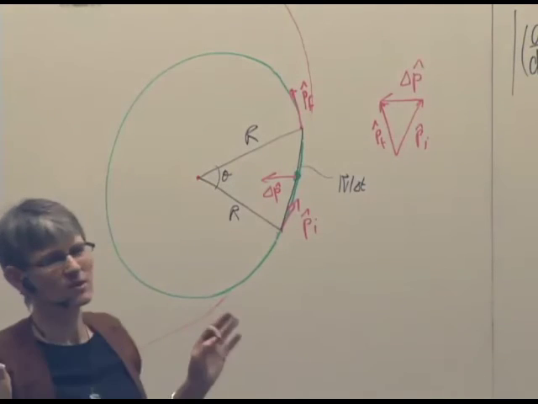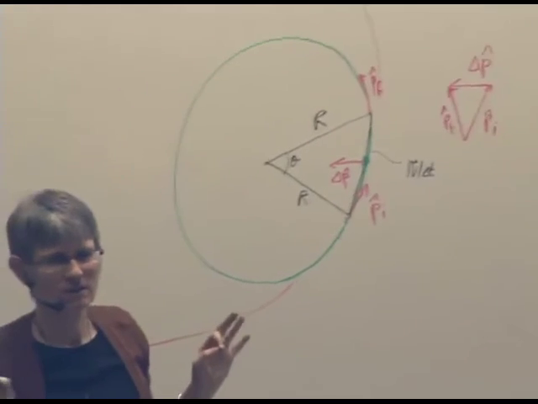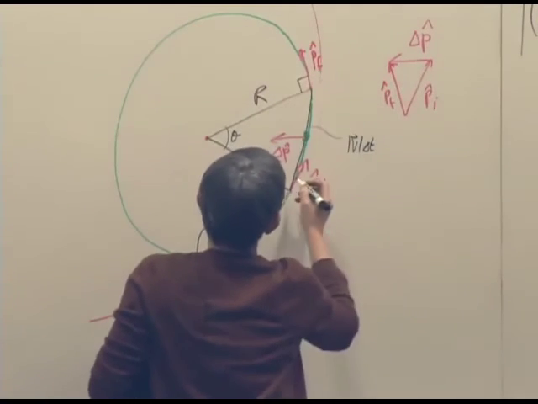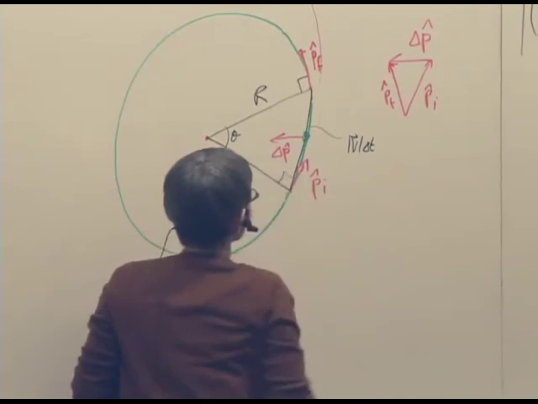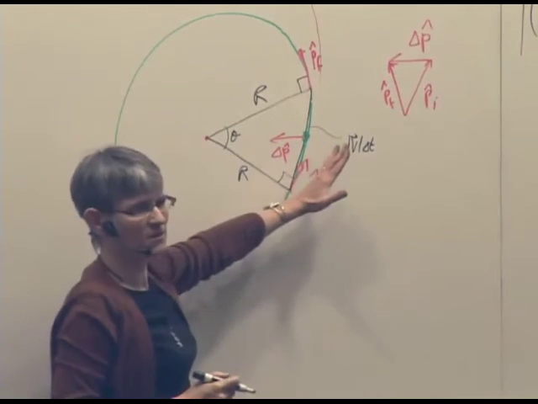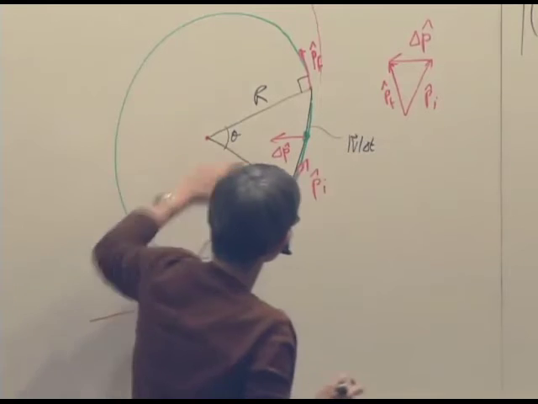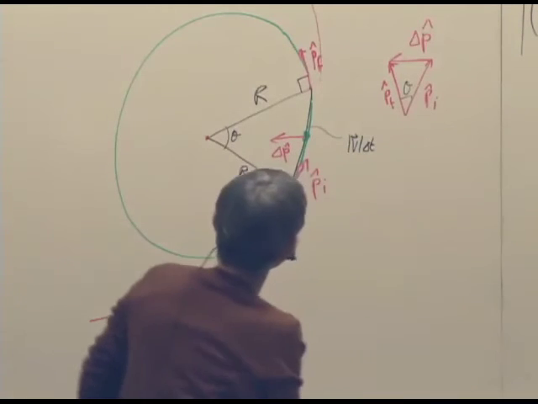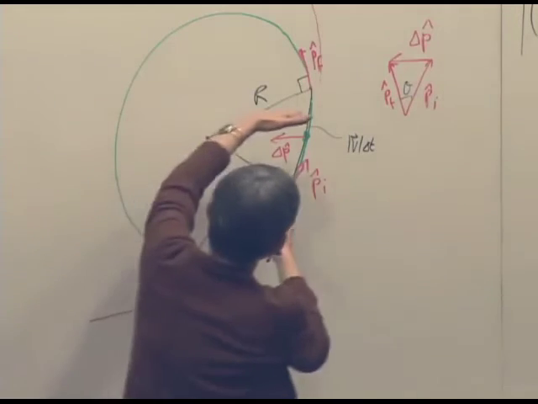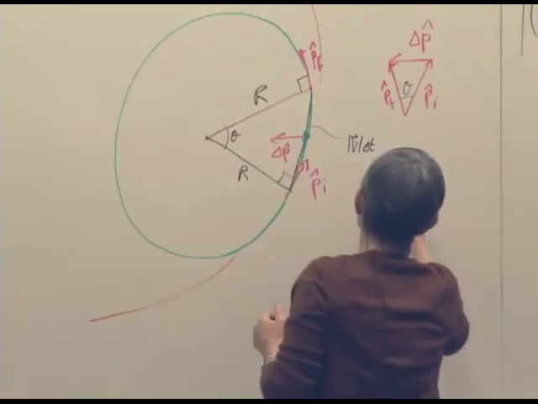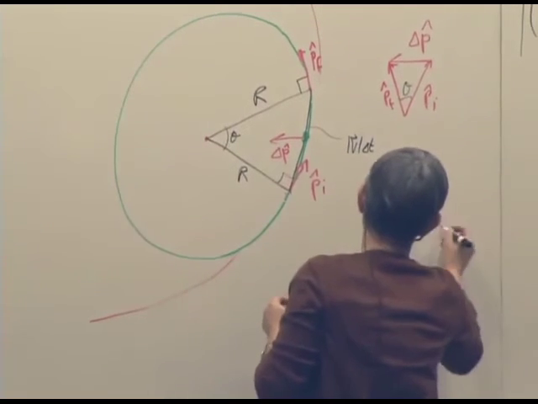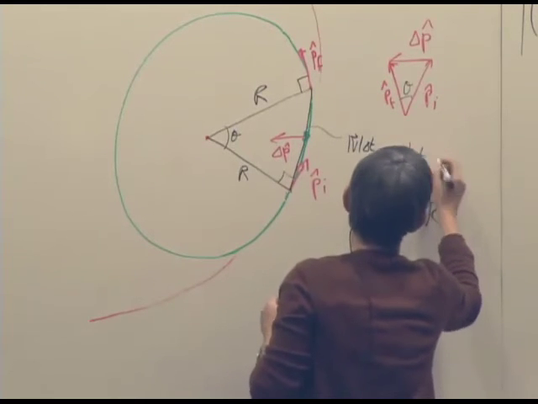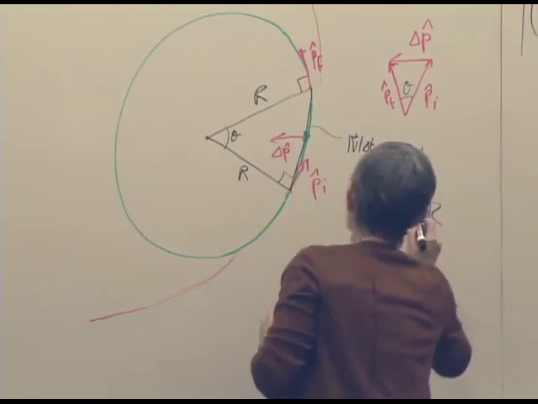Well, these are actually similar triangles, because p hat is perpendicular to r here, because the momentum's tangent to the circle. And so this is a theta. If we just rotate this triangle, we're going to get an r, v delta t here, and a theta.